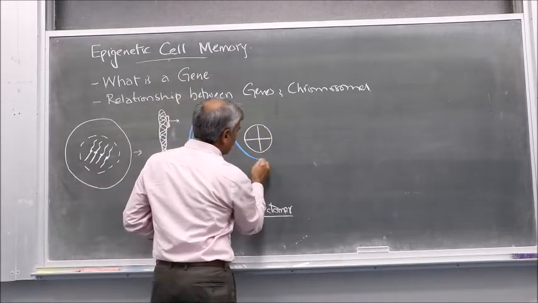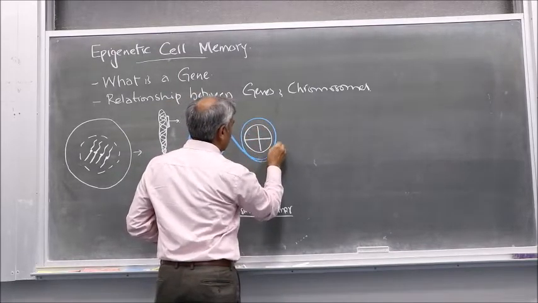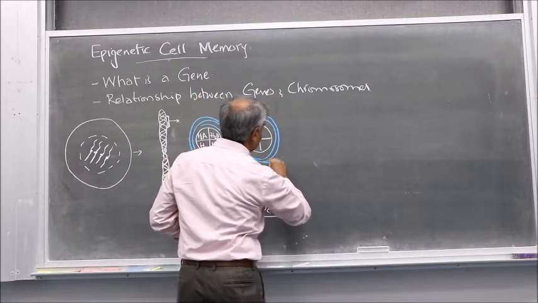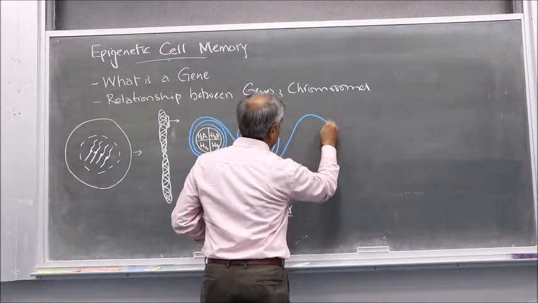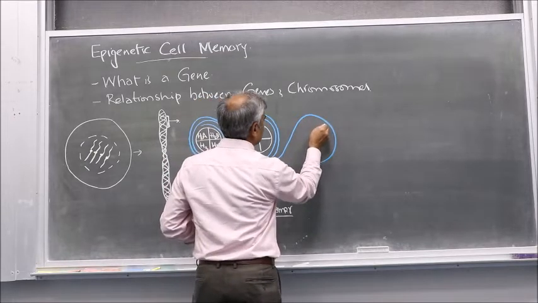Again, DNA wraps around this histone octamer in 2 circles, and then the next histone octamer.